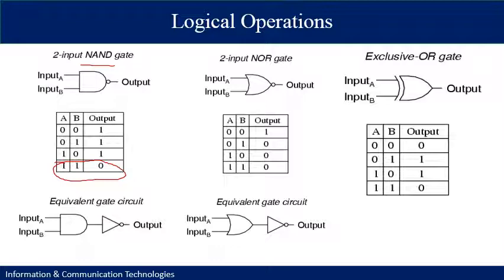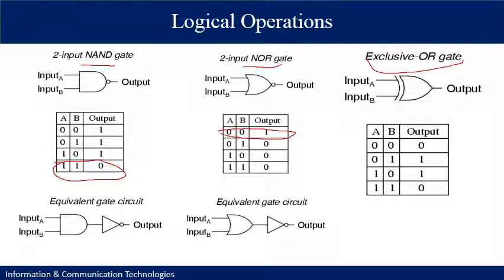On the other hand, if you add a NOT gate in front of an OR gate, it is a NOR gate. So in this case, the output will be 1 for both 0 inputs. Another most commonly used gate is the exclusive OR gate, which is a combination of AND, OR and NOT gates.